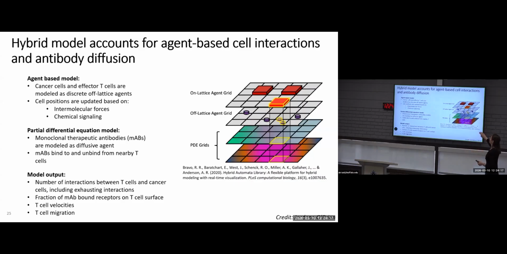We've defined a lattice to be able to solve our PDE as we diffuse our drugs into this solid tumor. And then some of the dynamics we're accounting for, essentially the agent-based model is considering both intermolecular forces and chemical signaling as ways to determine how the cells are moving around physically.